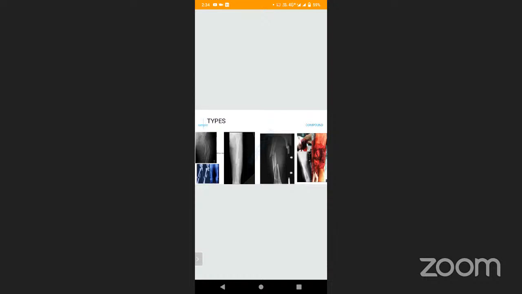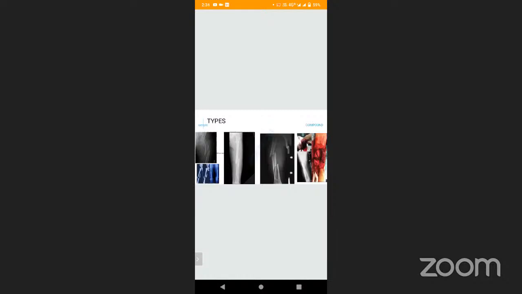Whether it is compound or simple, these split into different types according to the pattern of the fracture: simple transverse fracture, spiral fractures, segmental fractures. You can see the pictures of segmental fracture. In the fourth picture, you can see the femur is fractured into three pieces. That is called a segmental fracture.